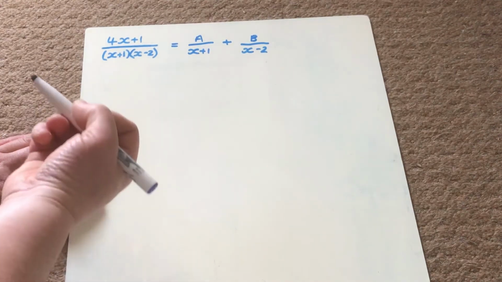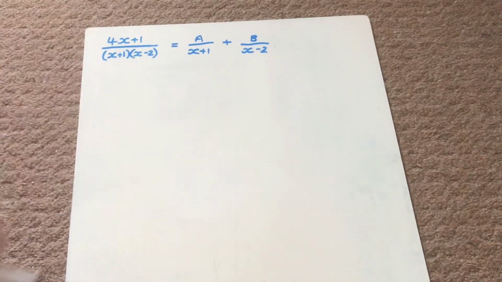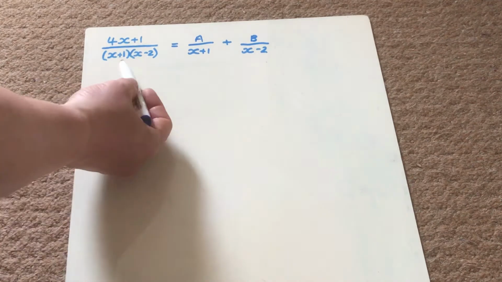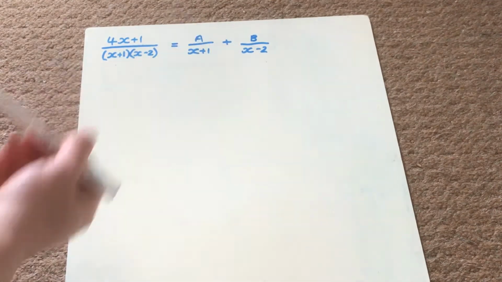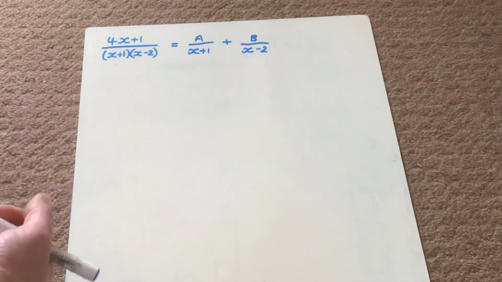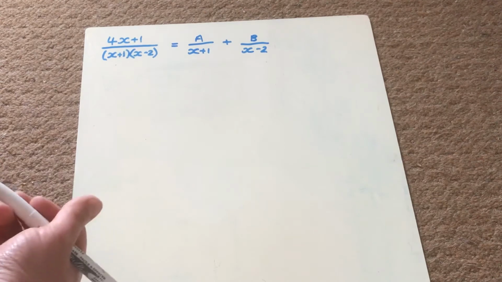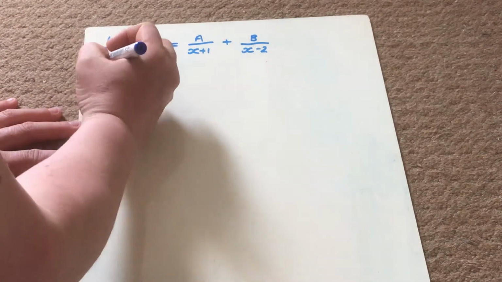So the first step is, it's a lot easier if we're not working with fractions. So if we times through everything by the original denominator, then we can divide the top and bottom of each fraction to leave us with no fractions left.